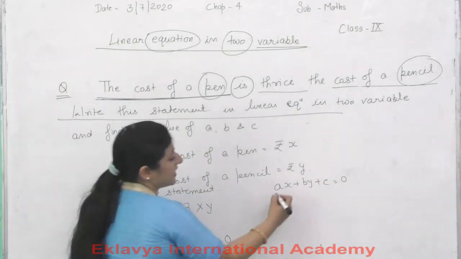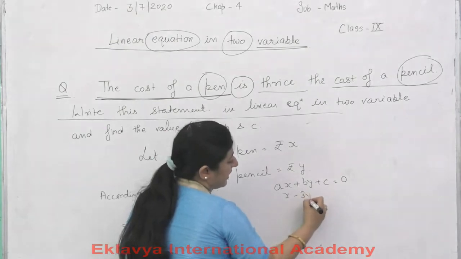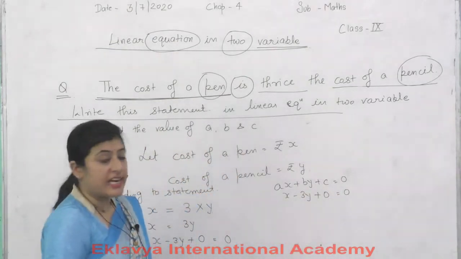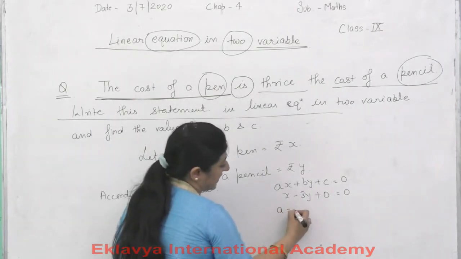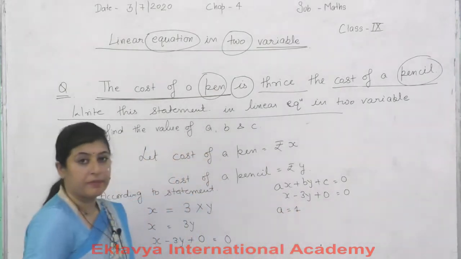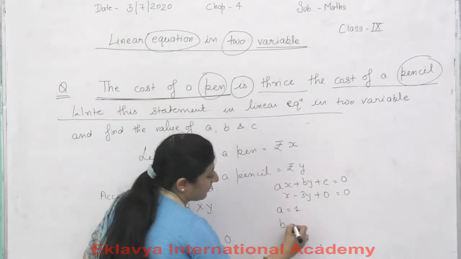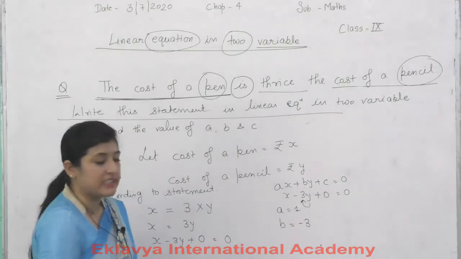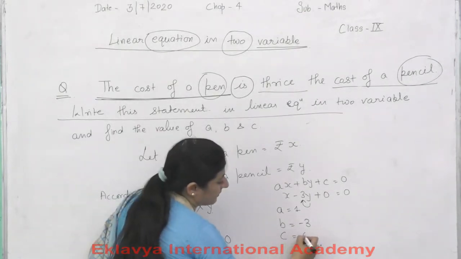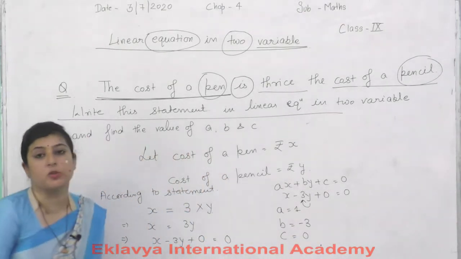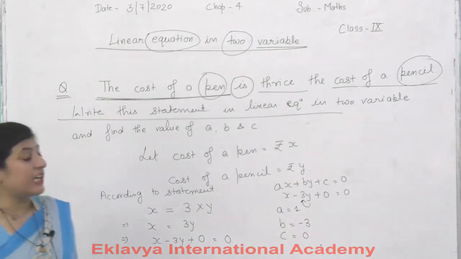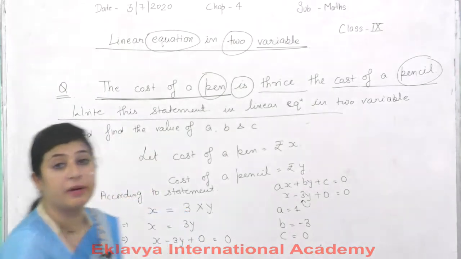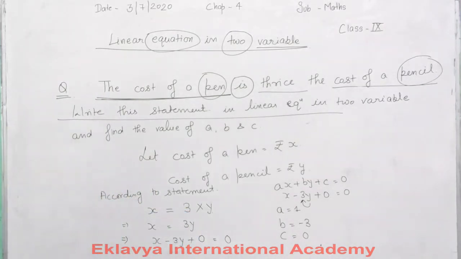And our equation is x minus 3y plus 0 is equal to 0. Then the value of a is equal to 1. Value of b, the coefficient of y, is equal to minus 3. Value of c is equal to 0. In this way we can write any linear equation in two variables from a given statement.